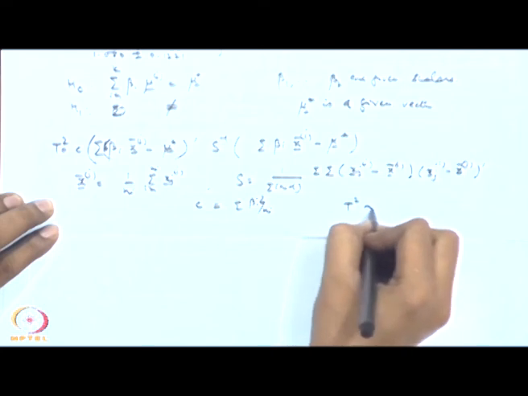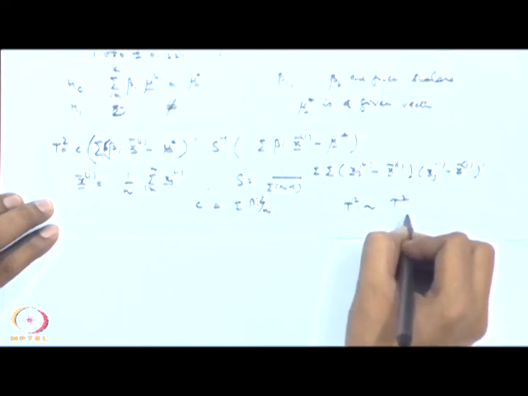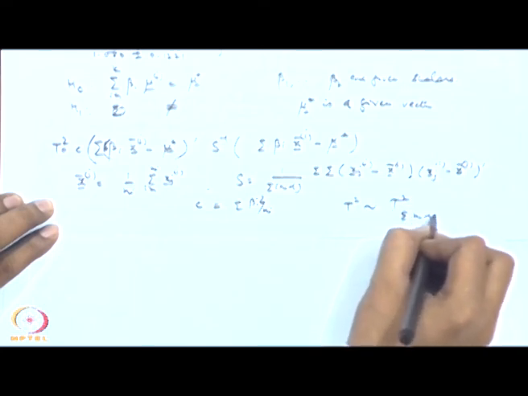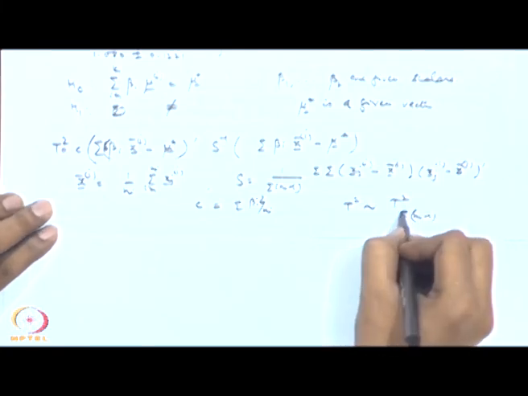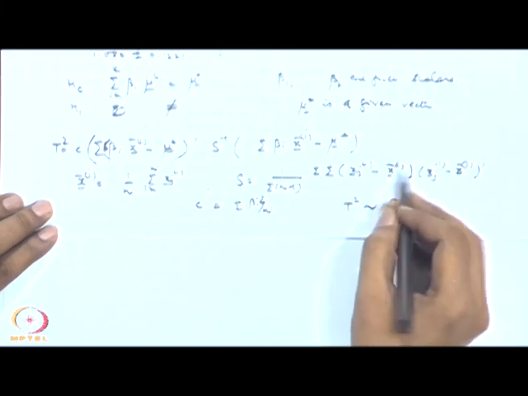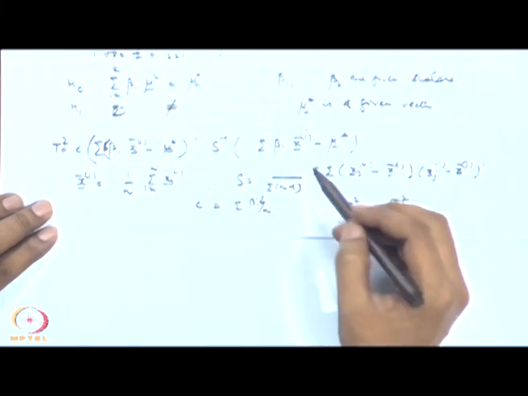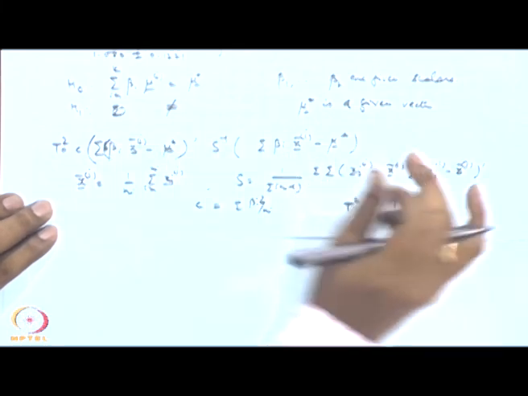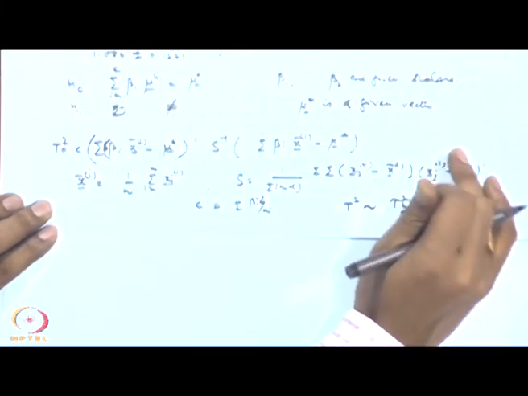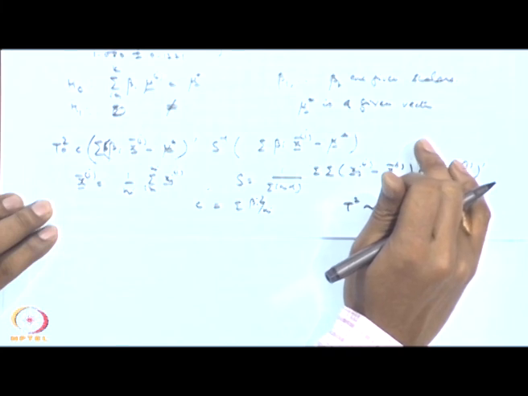Then T square will follow the Hotelling's T square distribution on sigma n i minus k degrees of freedom. So, we can consider rejecting H naught when this value is greater than T square, sigma n i minus k.